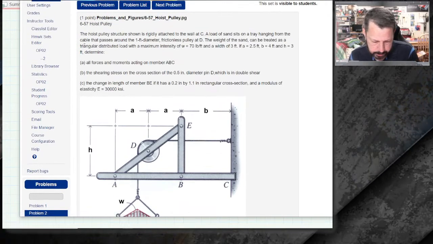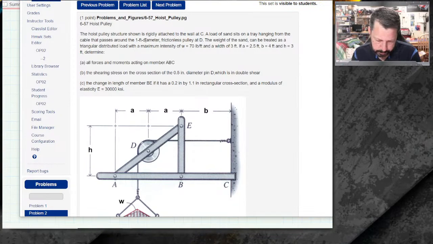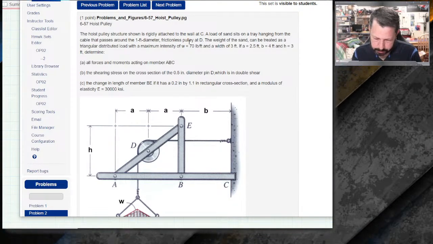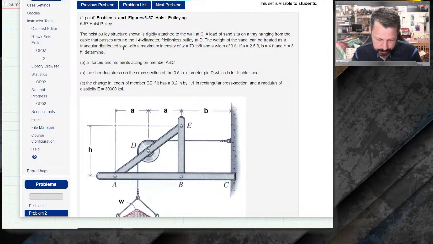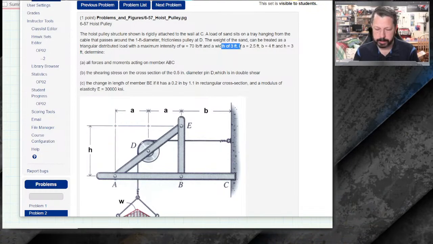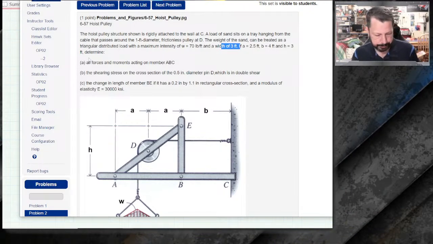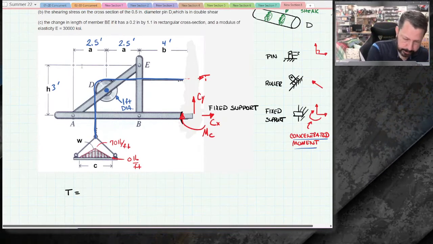The hoist, so a tray hanging from it passes around a 1 foot pulley. Frictionless pulley at D. The weight of the sand is a triangular distributed load with a maximum and a width of 3 feet. Okay, so it's right there. It just doesn't say C equals 3. All right, so C is 3 feet.